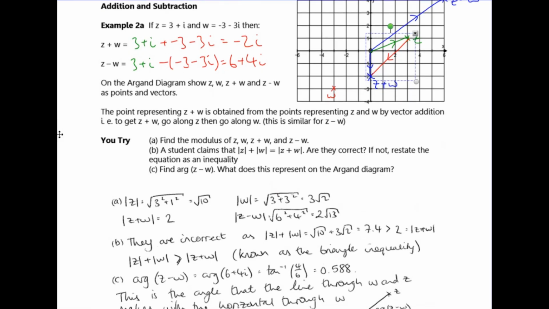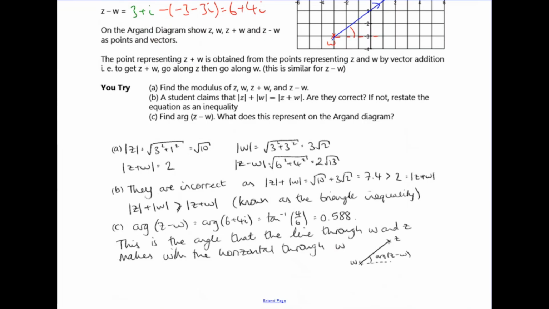But what this also is, if I get rid of a couple more of these lines, is that this vector here, Z minus W, is the same as the vector between Z and W, and it's also the angle that that makes with the positive horizontal there, which is useful sometimes as well. So that's what it's trying to say there. We'll come back to this in the loci section.